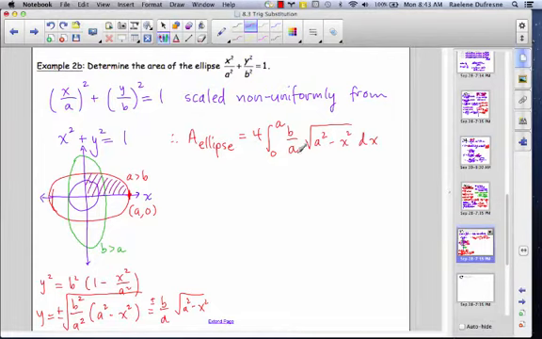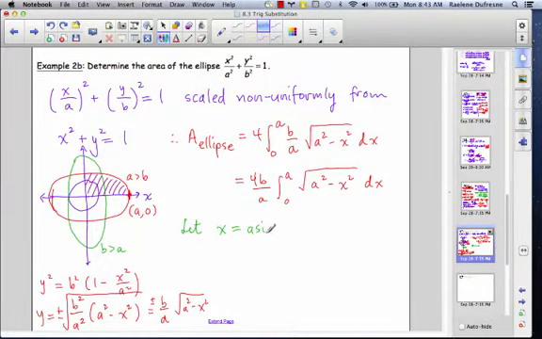And so b and a are constants, so we can make this 4b divided by a times the integral from 0 to a of the square root of a squared minus x squared dx. Then we are going to let x equal a sine theta, which implies that dx is going to equal a cosine theta times d theta.